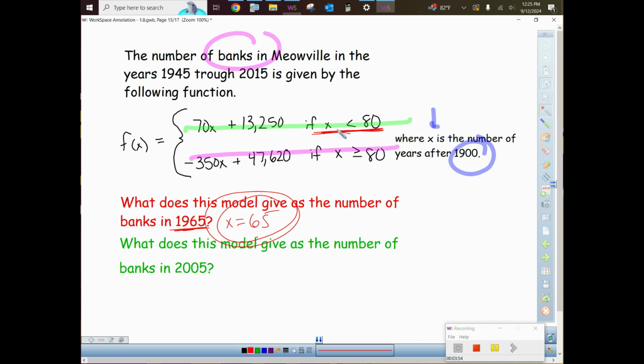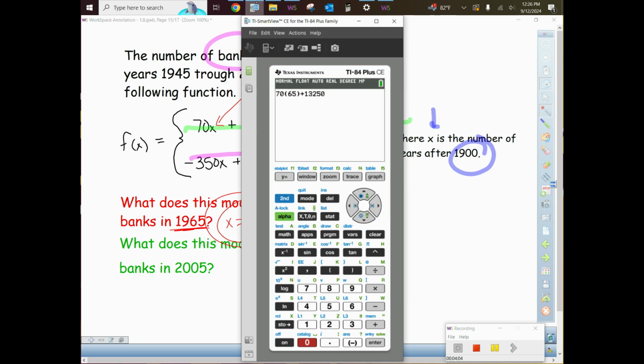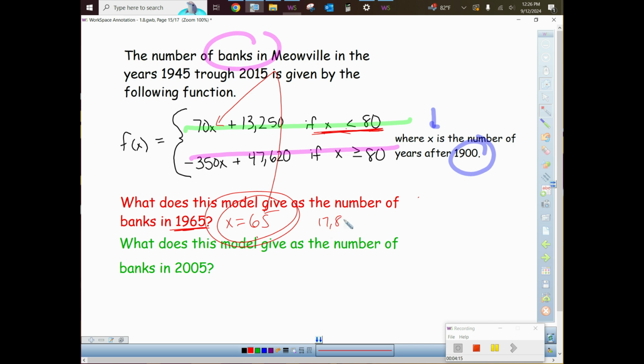Do you see how x less than 80 goes in this one? So I need to take 65 and put it in for x in that function. I'll grab my calculator and take 70 times 65 plus 13,250, and 17,800 is how many banks there would be according to this function in 1965.